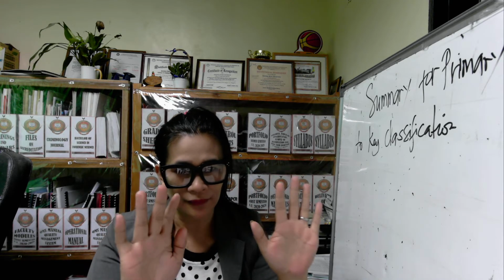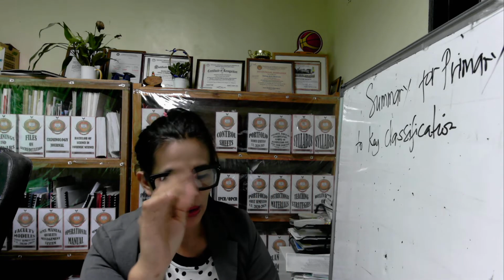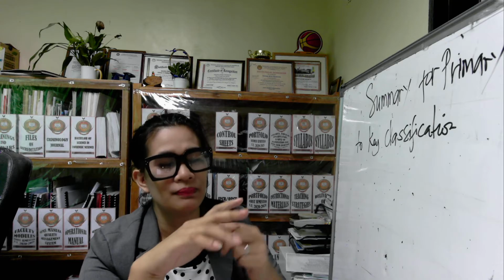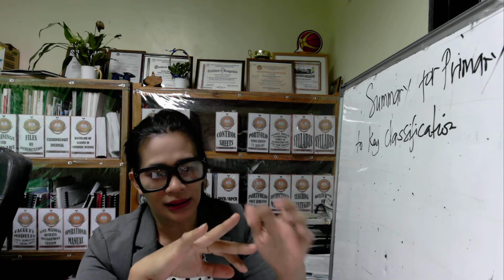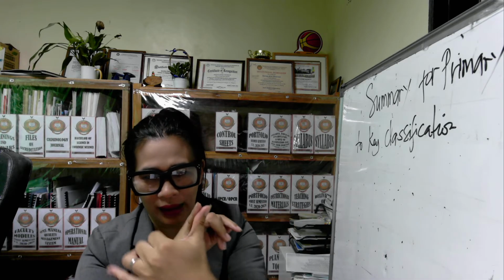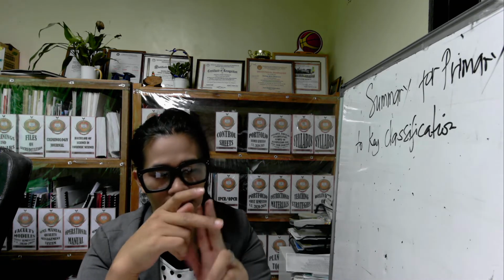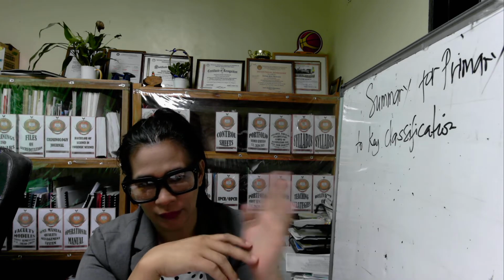So we have 10 fingers here. First pair, we have to begin on your right hand. So first is your thumb and then index, middle and ring, little, and then thumb of your left hand, and then index and your middle finger, and then ring and little finger of your left hand.